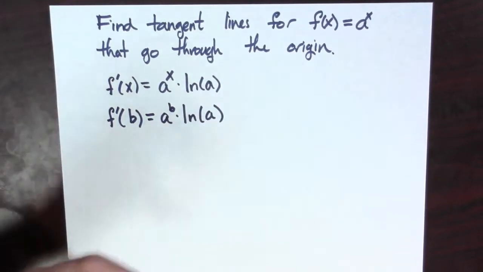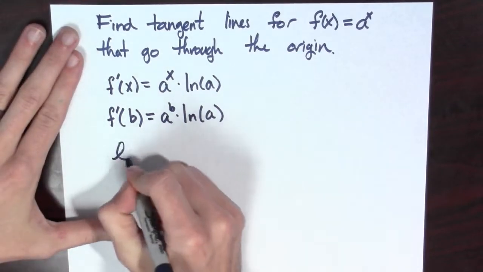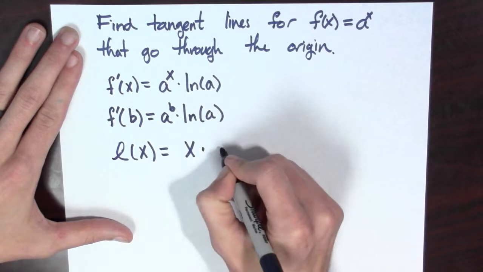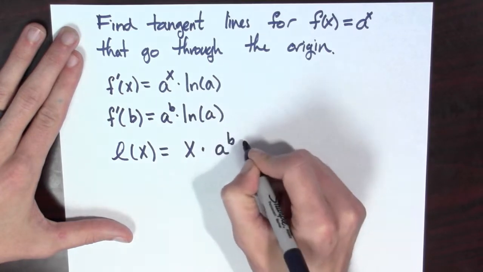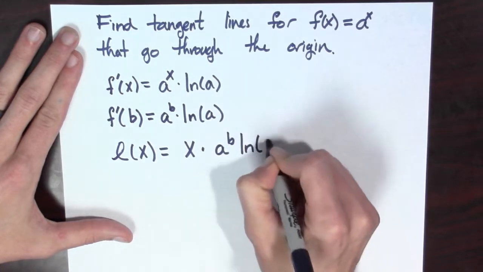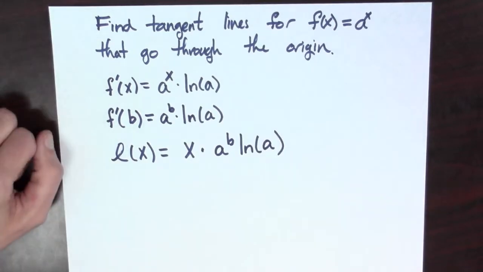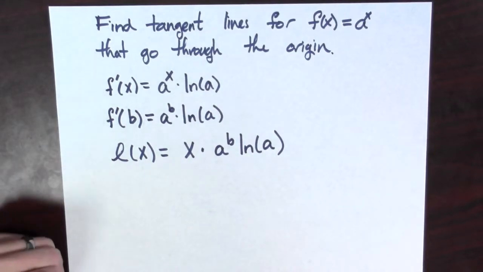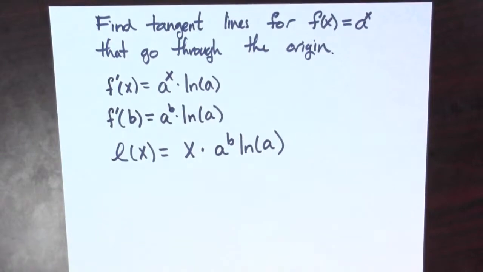Now if our tangent line goes through the origin, we have L of x equal to x times a to the b times natural log of a. So these are lines that go through the origin with some slope.